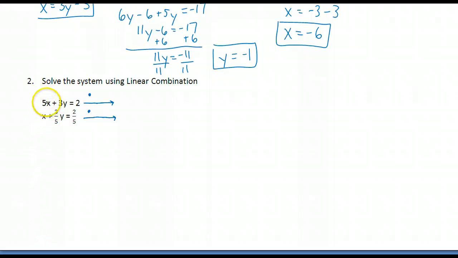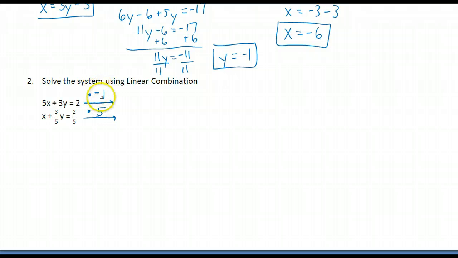So I have a coefficient of 5 and a coefficient of 1. To make those coefficients opposites of each other, I'm going to have to multiply by a negative number and a positive number. In this case, they're both positive, so I need to make one negative and one positive. So I'm going to multiply the first equation by negative 1 and the second equation by 5.